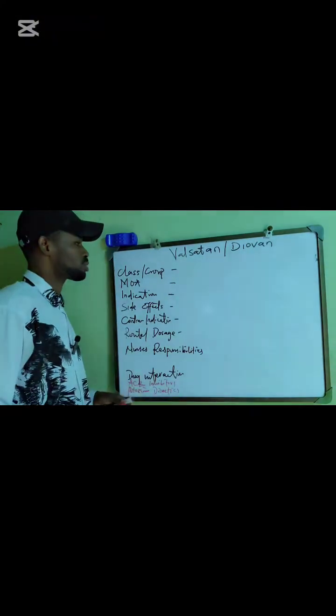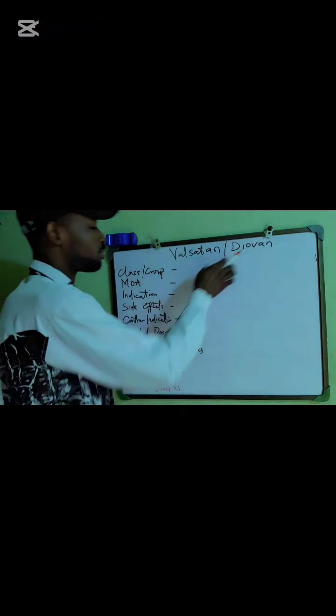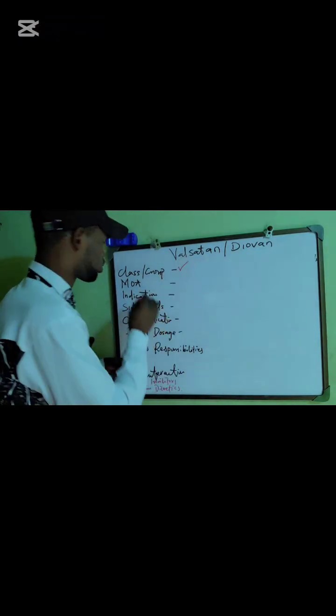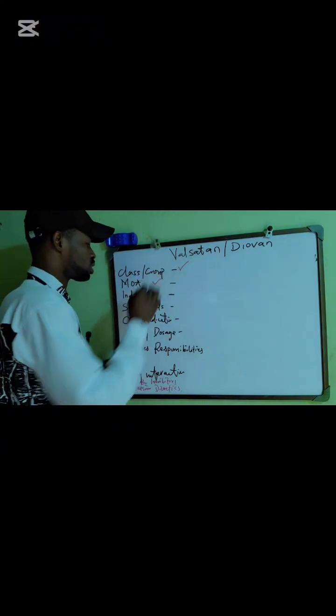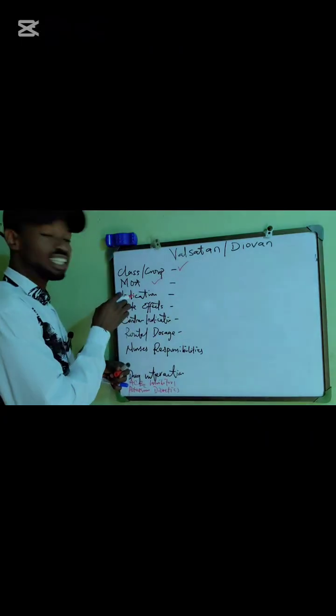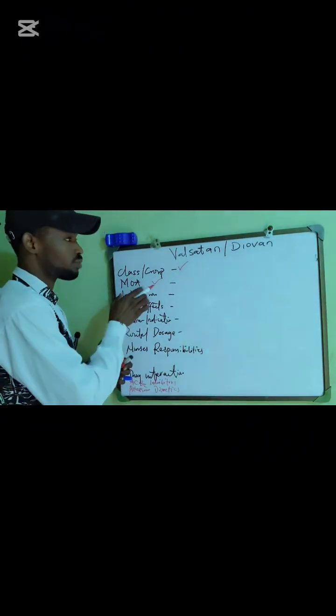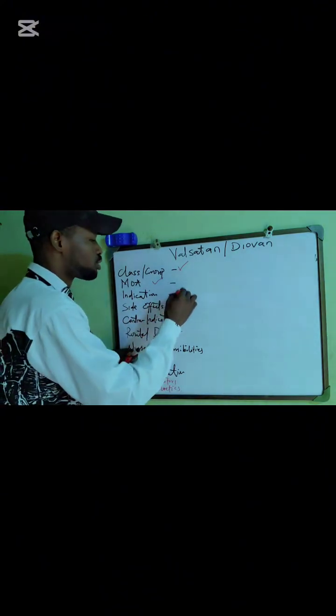Okay, let's go straight. We've talked about the class or group valsartan belongs to, and we've talked about the mechanism of action. Now the next thing we are going to talk about is the indication. What is it for? Since we are targeting high blood pressure, we want to bring it down. We say hypertension.